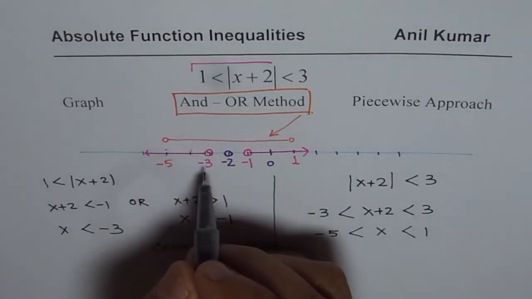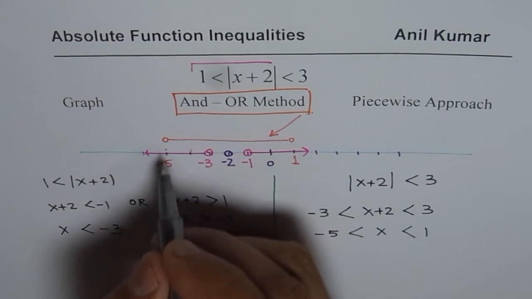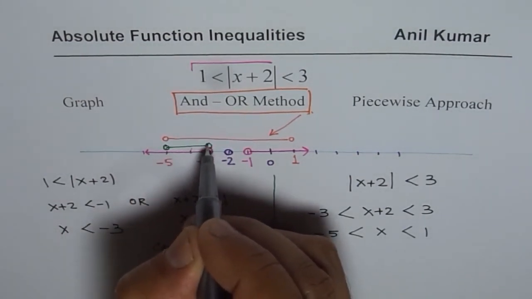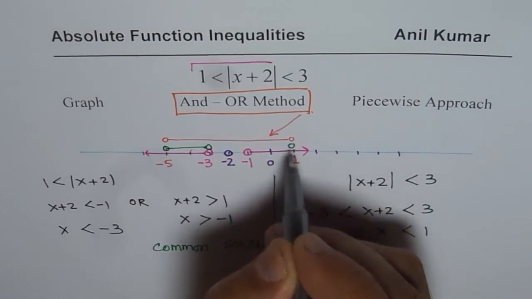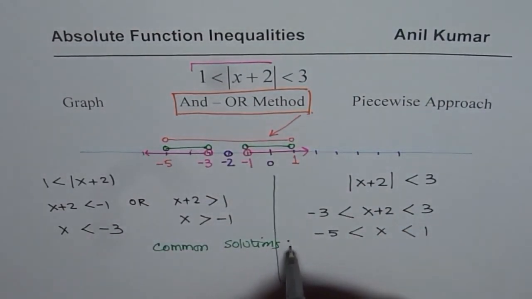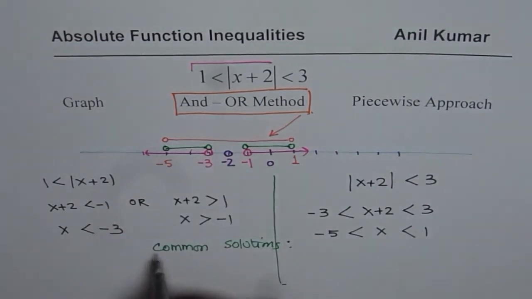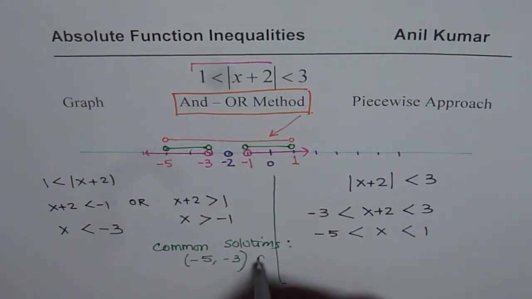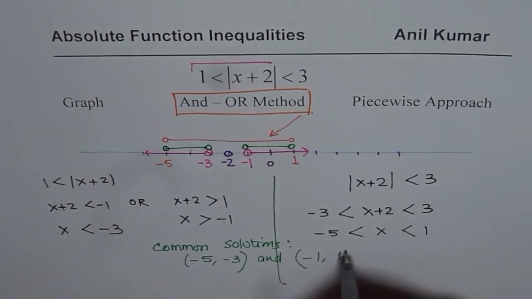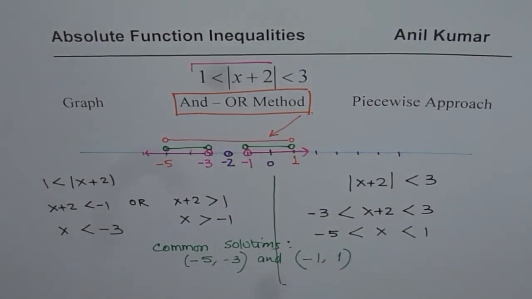Now the common portion clearly is from here to there. Is it okay? And on this side it is from 1 to minus 1. So that is the common solution, right? So we get our answer as common solution minus 5 to minus 3 and minus 1 to plus 1. So this is the method.